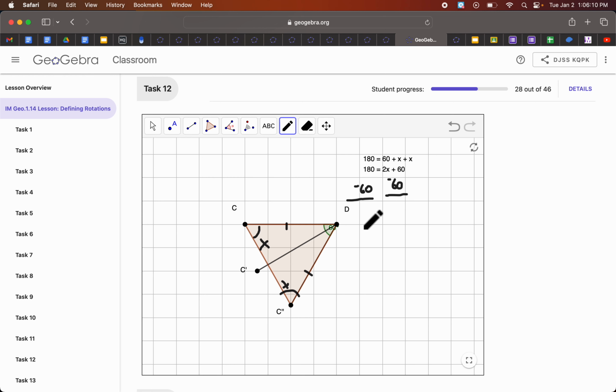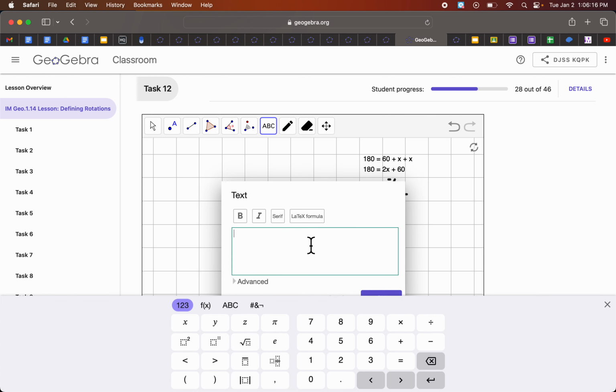So then 180 minus 60 is 120, and that has to be equal to 2 times x.